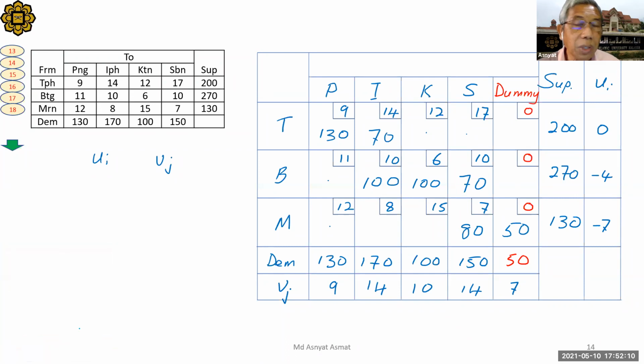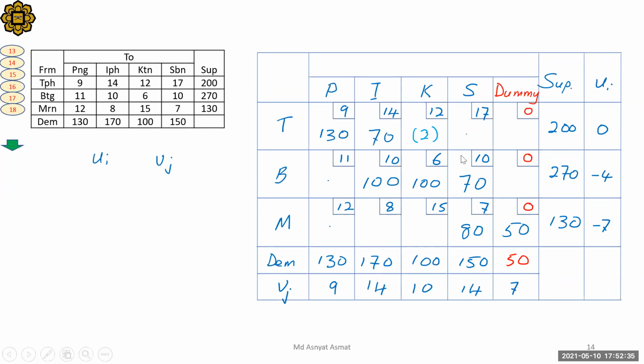Okay, let's find the improvement index. Can we find the improvement index in this cell? 12 minus 0 minus 10 is 2. The next cell, 3.